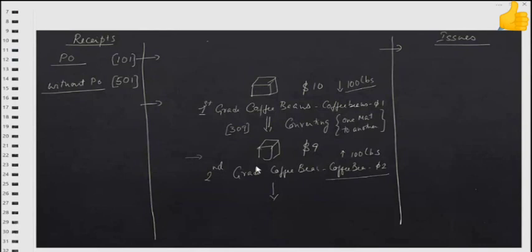Let's shift it to second grade. So, in order to do that, you got to be able to do some level of QA, pick up some material from the lot, and do your quality analysis.